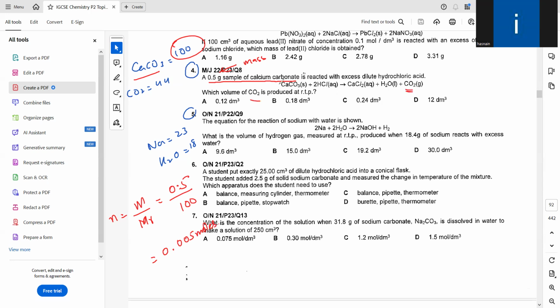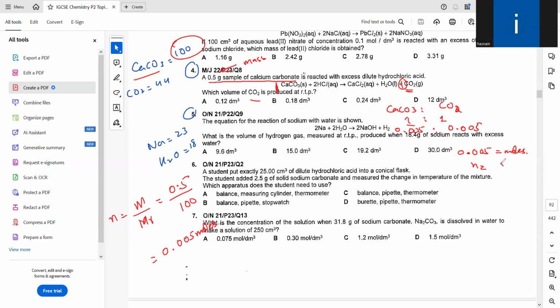Now they want us to find the volume of carbon dioxide. For 1 mole of CaCO3, I have 1 mole of carbon dioxide. So if I'm having 0.005 moles, that basically would be 0.005 moles of carbon dioxide formed, but they are interested in volume.